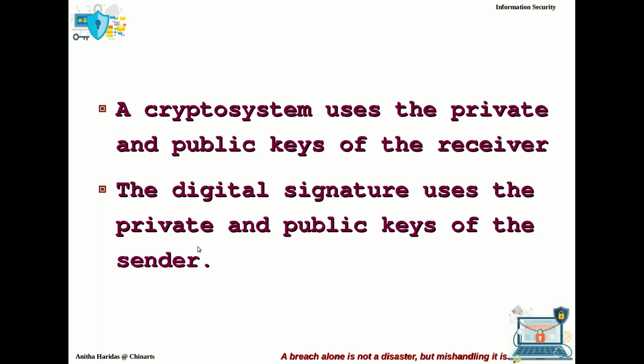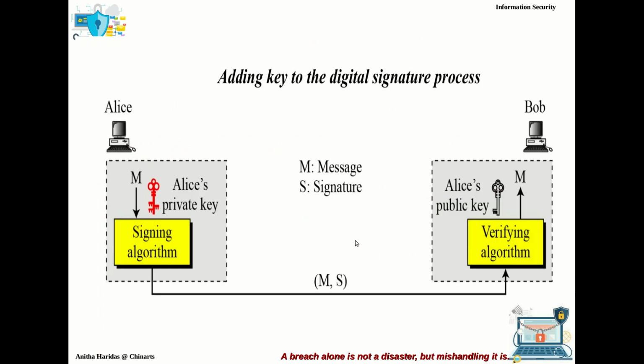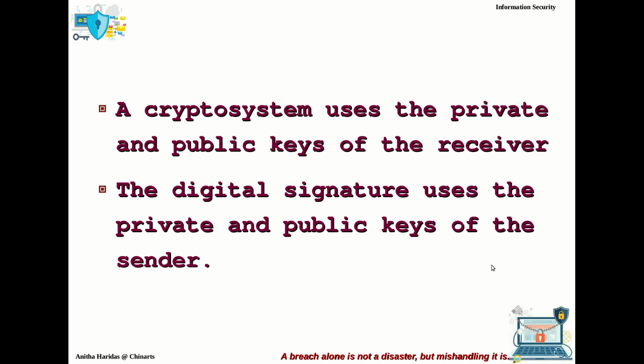But the digital signature uses the private and public keys of the sender. So we need to use the private key of the sender for signing and the public key of the sender for verifying the signature.